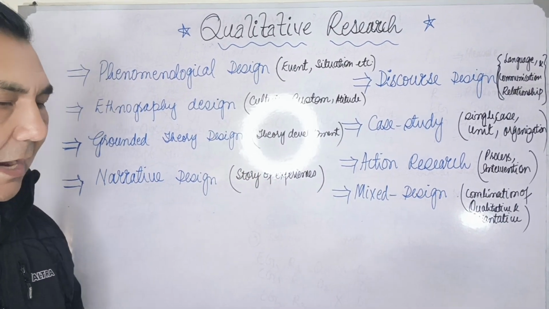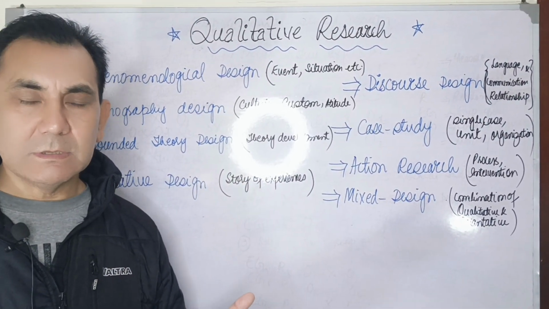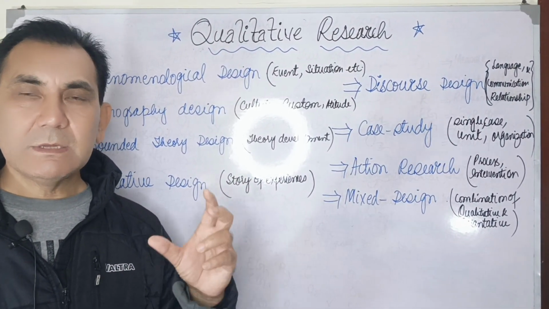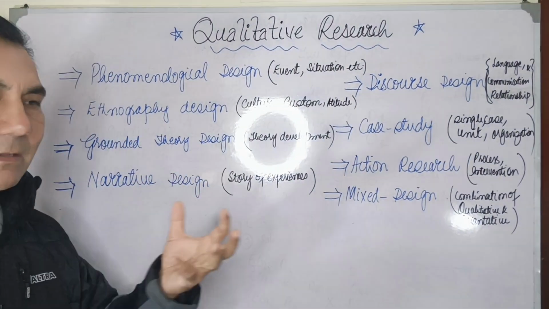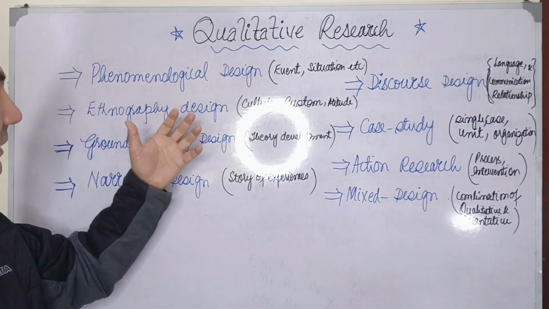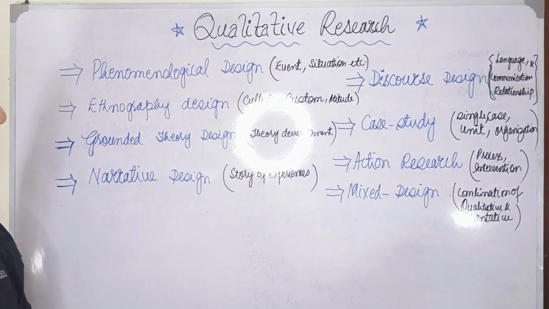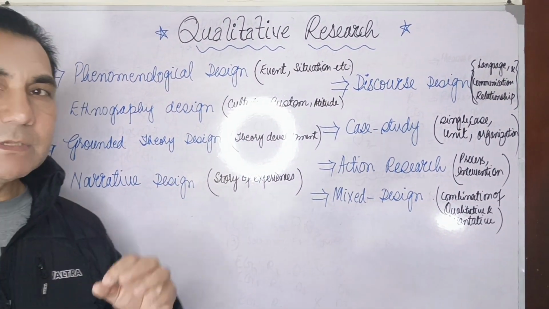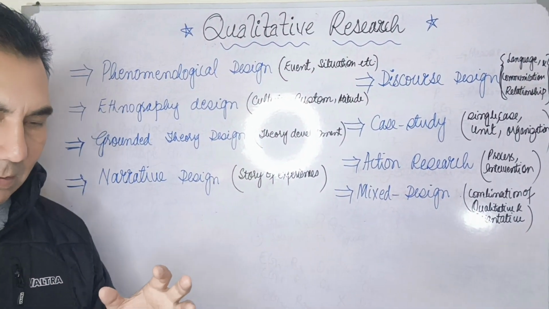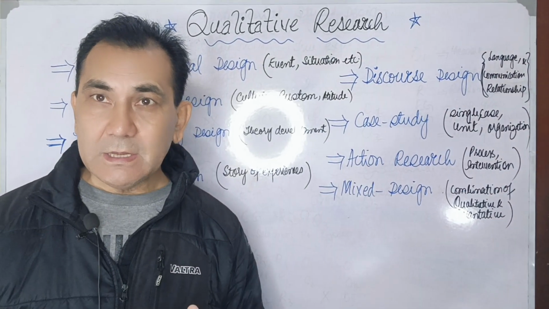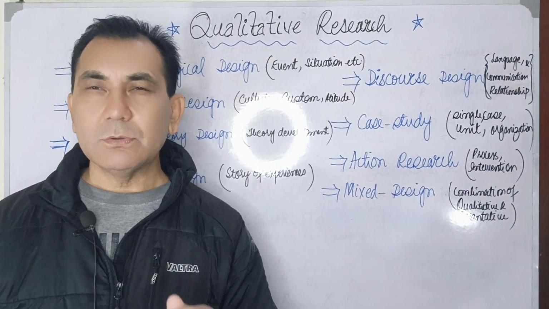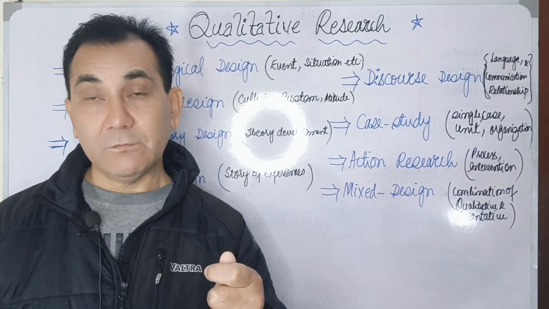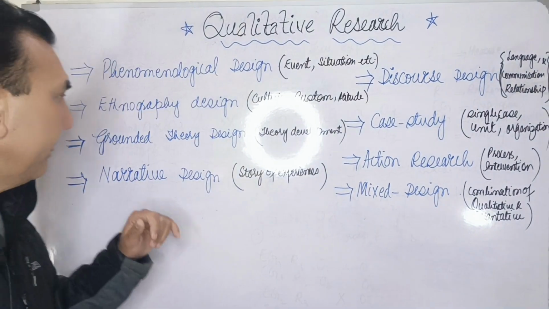You can also do IDI or focus group discussion, but the best way to collect rich data in the ethnography study design is observation. While in the phenomenological study design, you can collect data by IDI and focus group discussion, which are the best methodologies for data collection in the phenomenological study design.